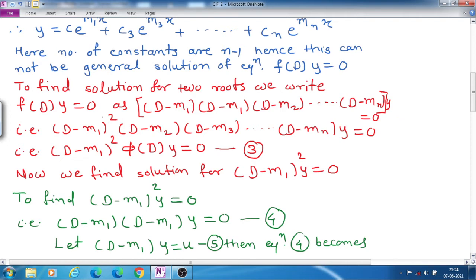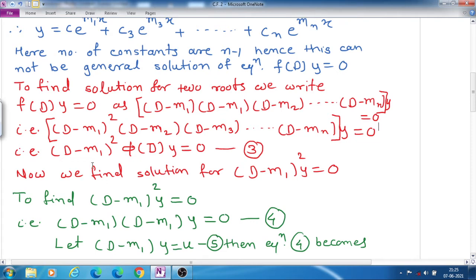For the remaining factors D minus m2, D minus m3 and so on, we write phi of D. Here our f(D) is now D minus m1 square into D minus m2, D minus m3, D minus mn.